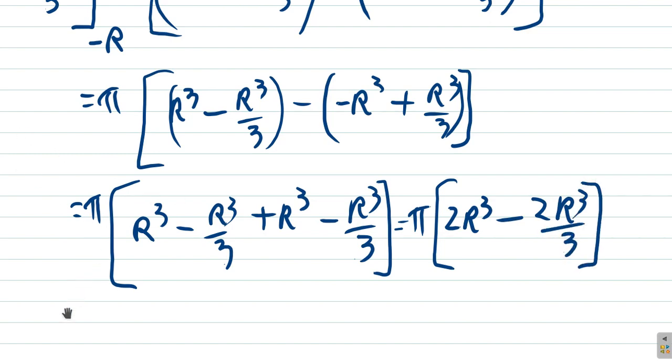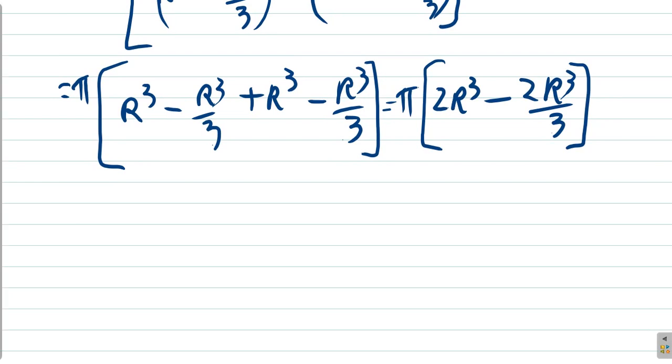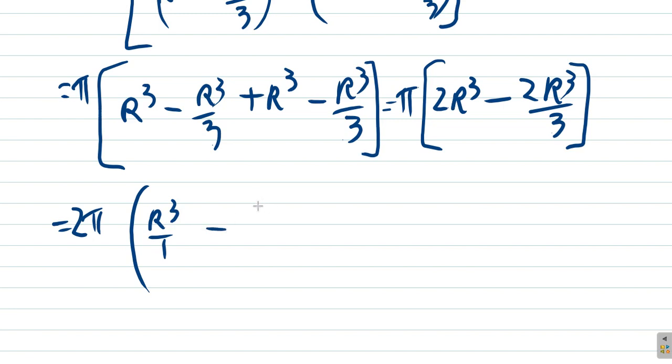So, what you get here is going to be pi times what? Now, we could factor out the 2 and say 2 pi times r cubed over 1 minus r cubed over 3. Now, this is 1 r cubed minus 1/3 r cubed.